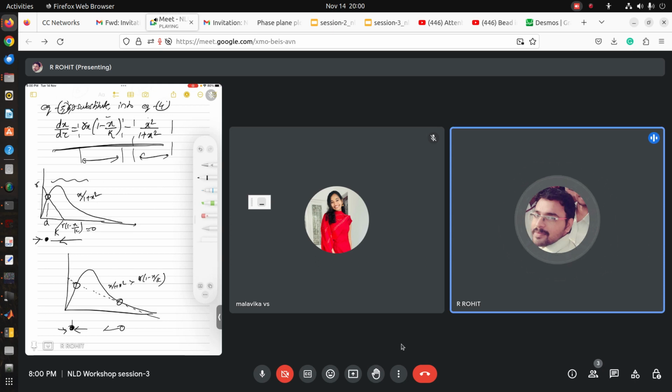So it will try to move out, and at the same time here also x/(1 + x²) is greater than r(1 - x/k), so the whole value is negative and it will try to... okay, one second. So this goes like this and this dotted line is like this.